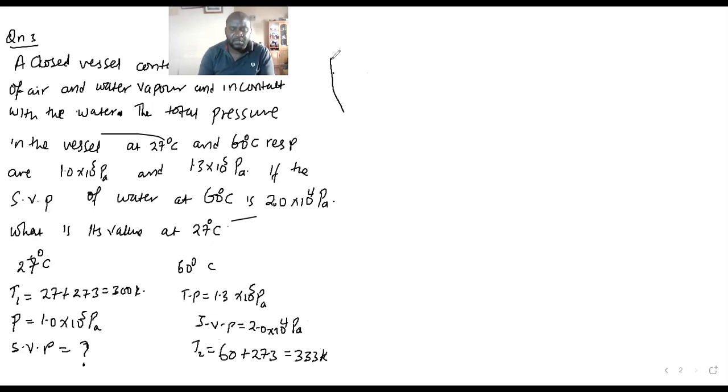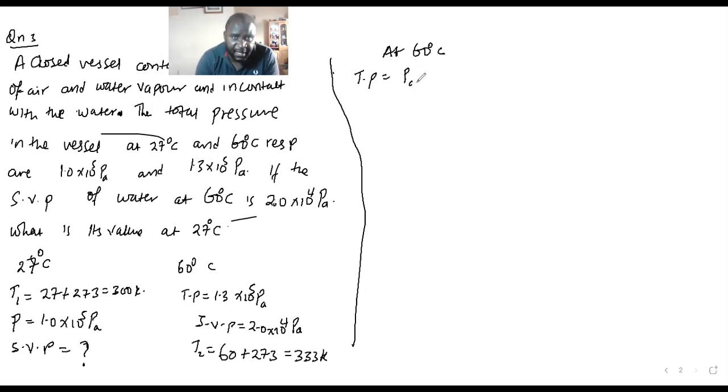So now let's look at what the question wants. At 60 degrees Celsius, total pressure is equal to pressure of the air plus the saturated vapor pressure. So we can substitute total pressure, which is 1.3 times 10 to the power 5, equal to the pressure of the air, PA, which we don't know, plus the saturated vapor pressure, which was given as 2.0 times 10 to the power 4.